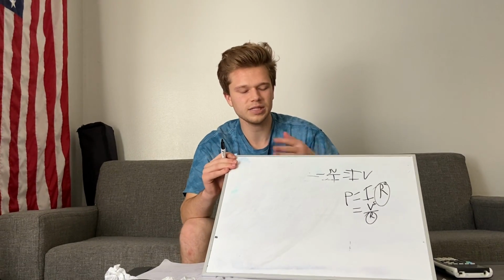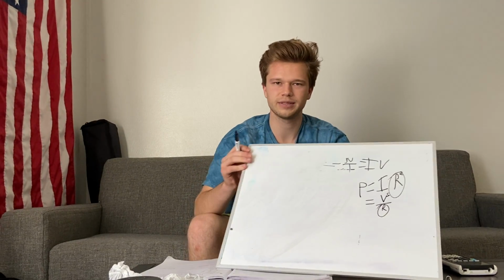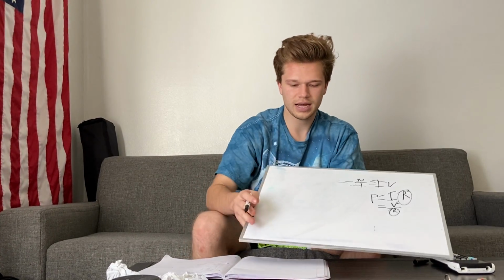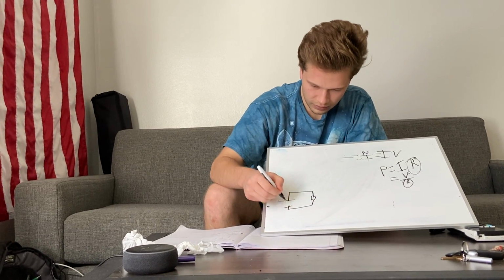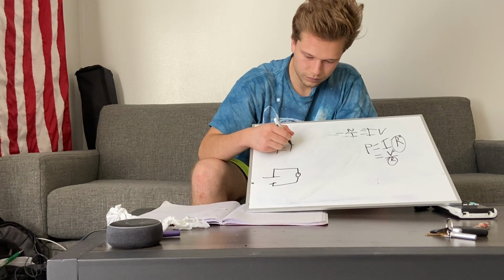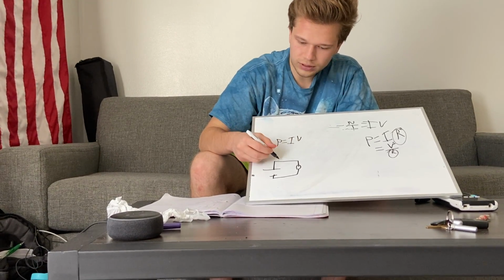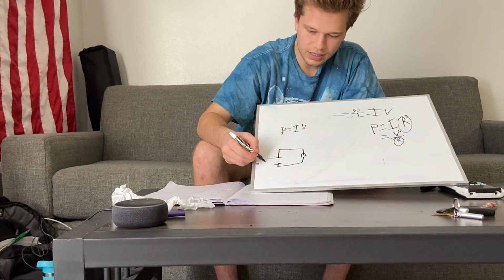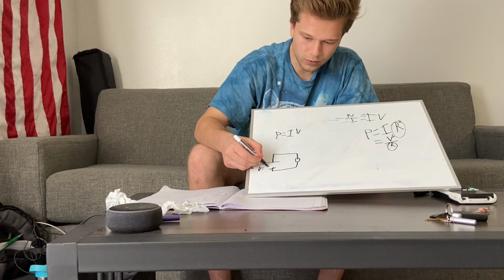Just going to erase part of that, and keep in mind what we're going to tie this back into, to help us understand it in a real life concept. Let's try and find the power for this circuit. And we'll say that the voltage for this battery is going to be 20 volts.